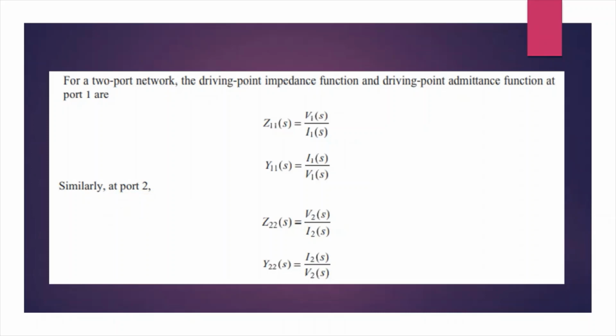So the driving point impedance function at the input port, or port 1, is Z11 of S, that is voltage by current at the input port, and admittance will be current by voltage at the input port, which is represented by 1, and the output port is represented by 2. So again there the impedance is V2 by I2 and the admittance will be I2 by V2.